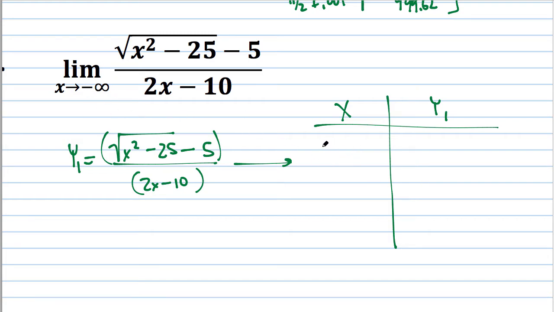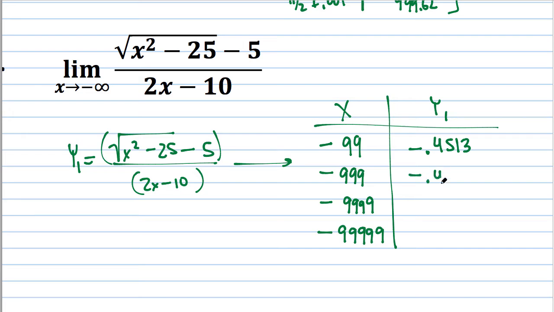Well, I can just say, how about negative 99, and then negative 999, and then negative 9,999, and negative 99,999? When I do this and go into my calculator, I get the following values: negative 0.4513, negative 0.495, negative 0.4995, and from then on it's just negative 0.5.